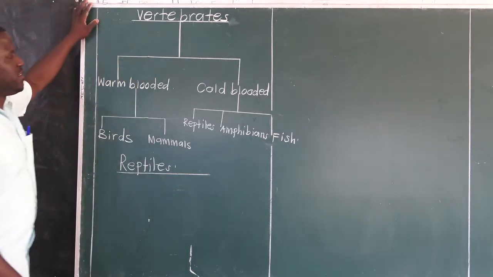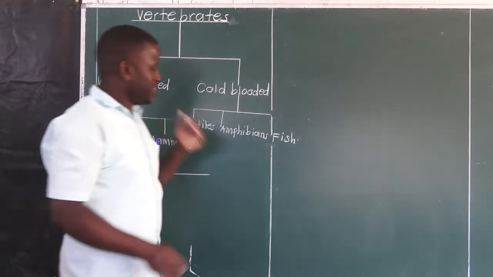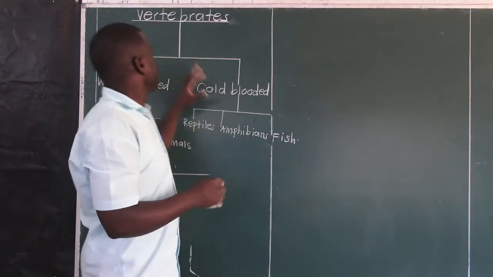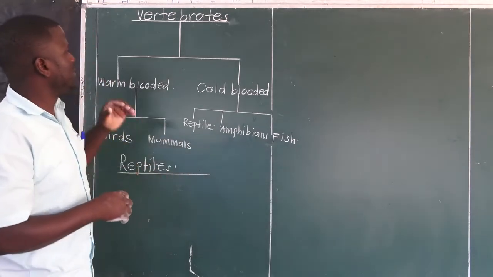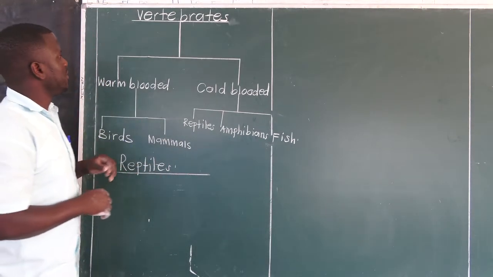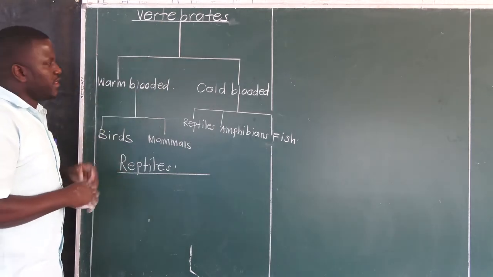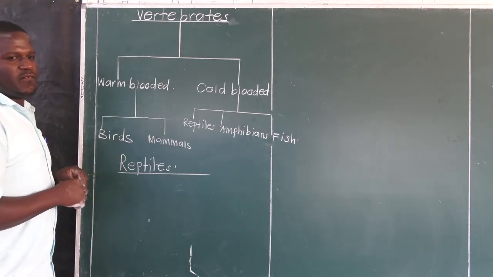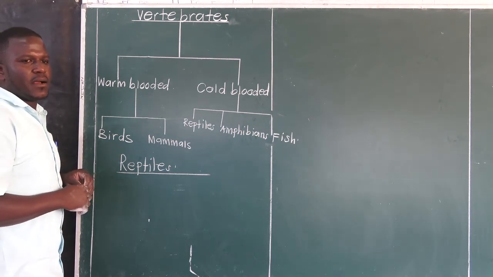At the beginning of the previous lesson, we looked at the classification table of vertebrates. We said vertebrates are animals with a backbone.